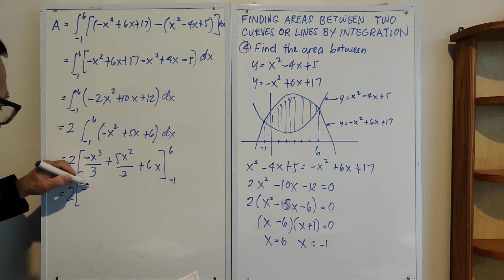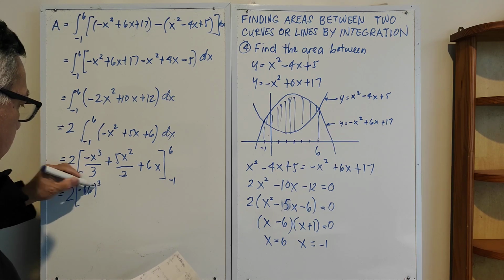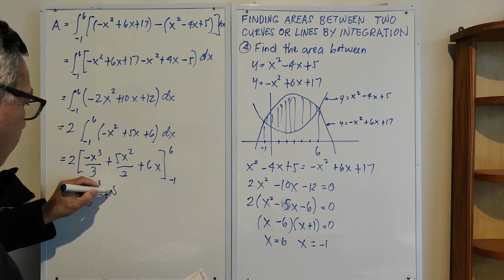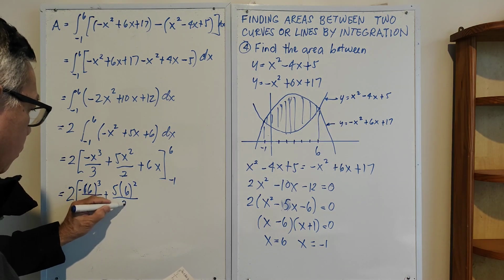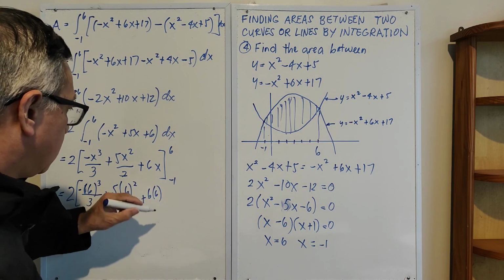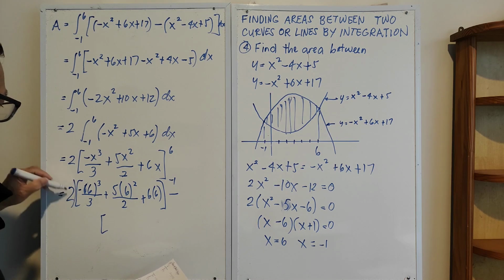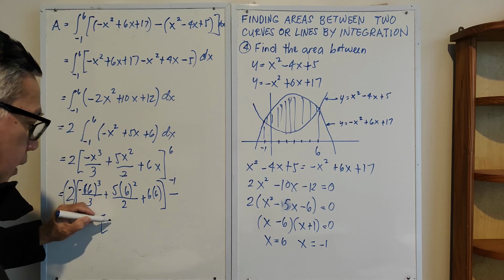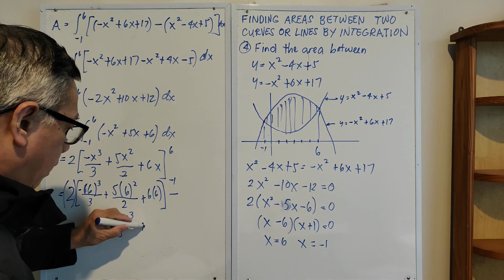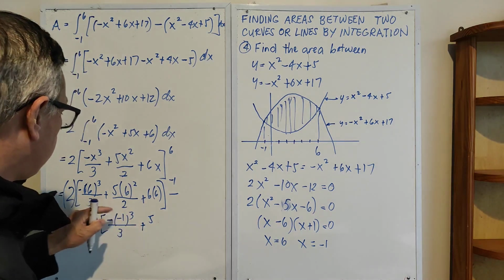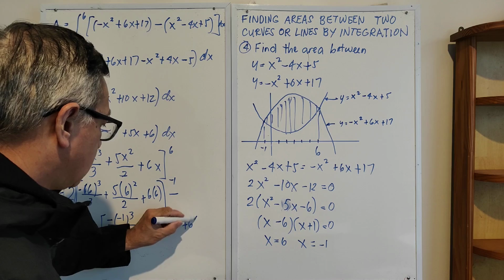So this would be negative 6 cubed over 3 plus 5 times 6 squared over 2 plus 6 times 6, minus, this will be separate, negative 1 cubed over 3 plus 5 times negative 1 squared over 2 plus 6 times negative 1.